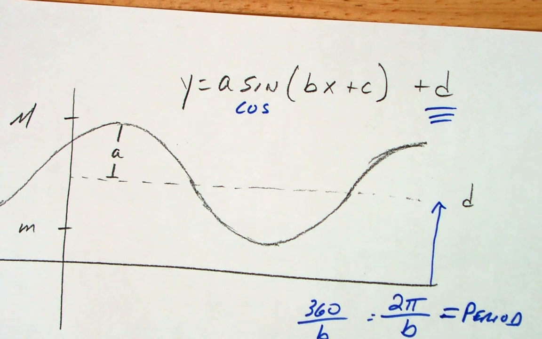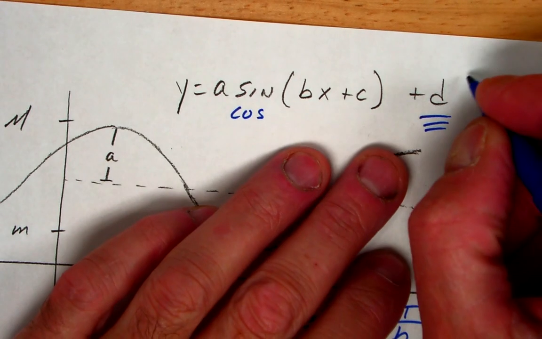So it's the opposite. Instead of making my period that many times longer, instead of times B, it's now divided by B. Okay? No, C is something different. A is my amplitude, yes. And then D is my vertical shift.